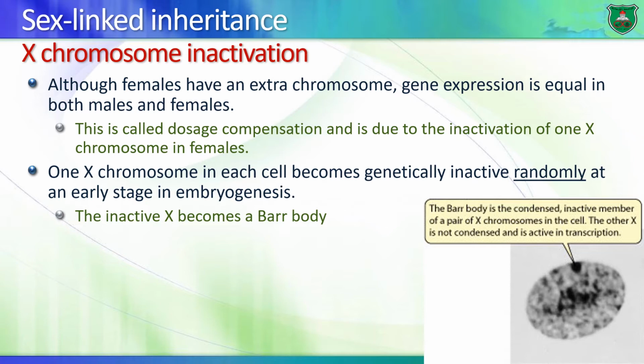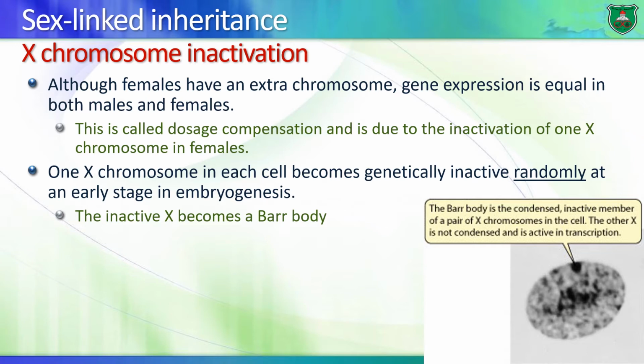Now, we already talked about the mechanism of inactivation. We said that it is related to a long non-coding RNA known as XIST, which coats the X chromosome that carries the gene, and it results in acetylation and methylation of histones and the DNA itself.